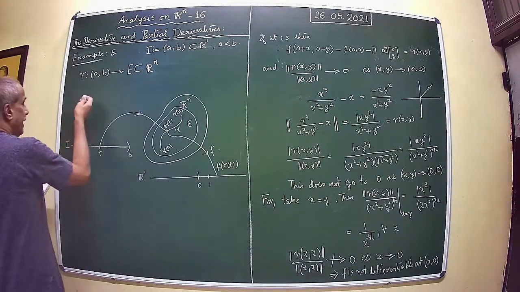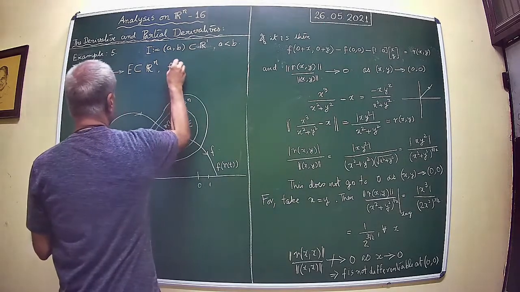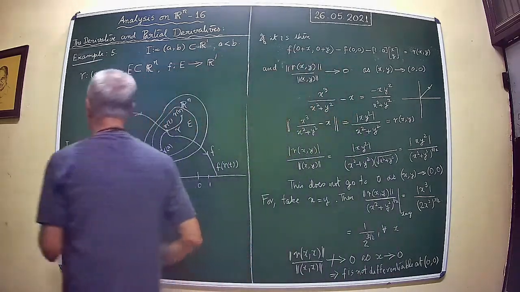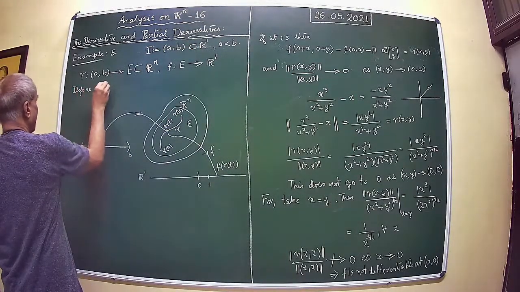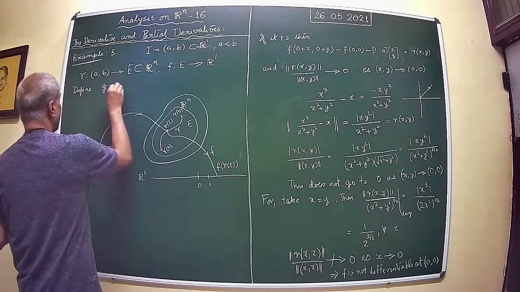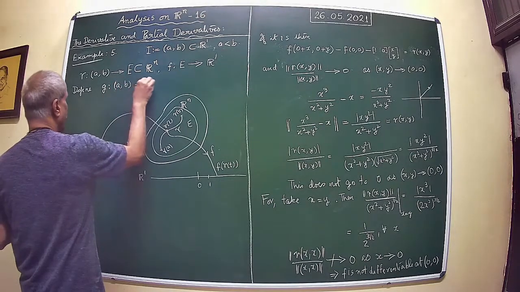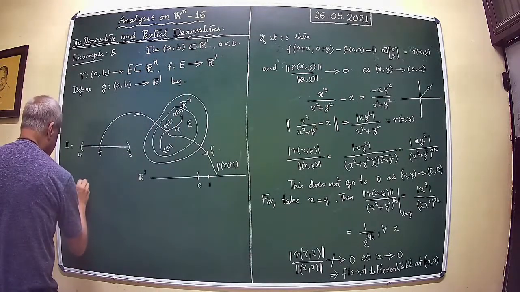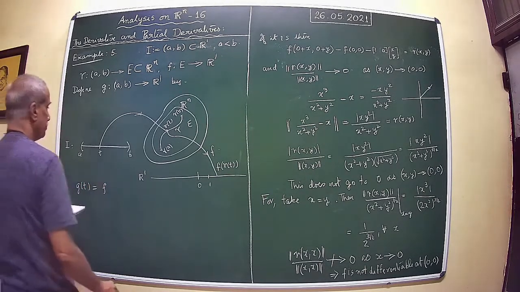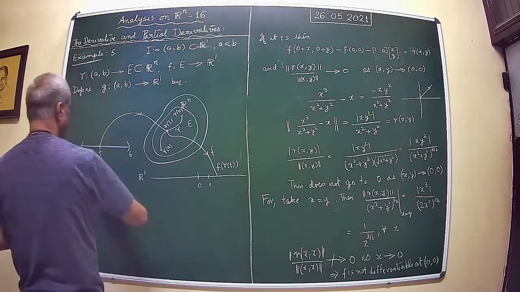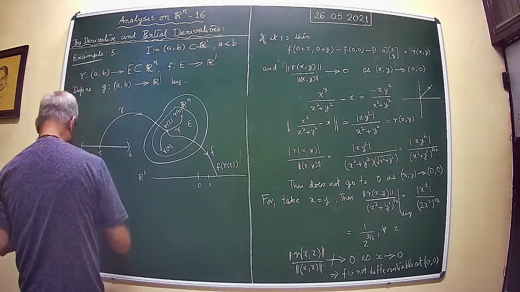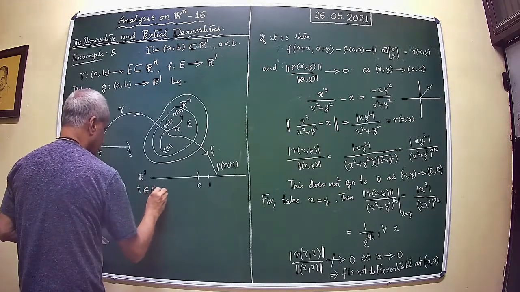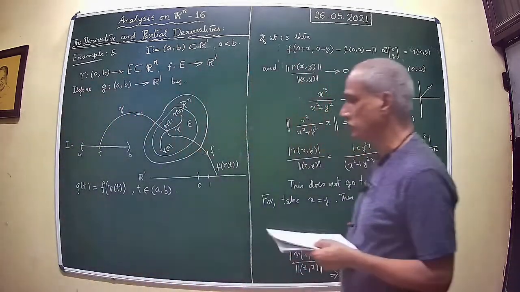Now we define g from I to R by g of t equal to f of gamma t. This is defined.